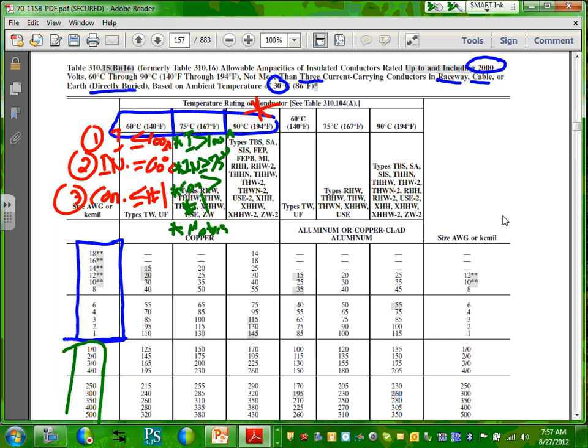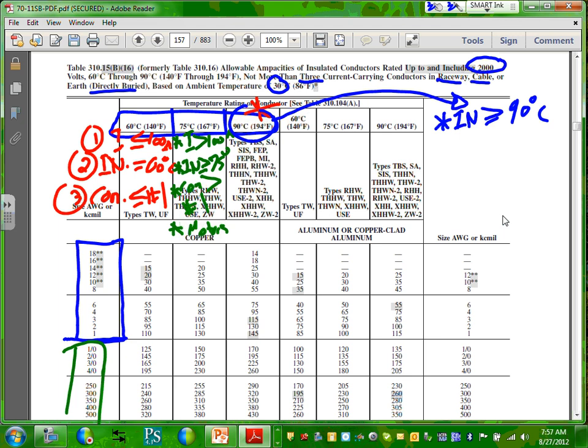Let's go into the 90 degree. 90 degree here, I'm just going to go directly and grab the 90 and put the rules for the 90 here. You only use the 90 if the insulation is rated 90 or more. You can't use a 90 if the insulation is not rated for 90, right?